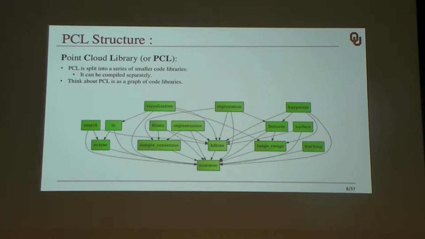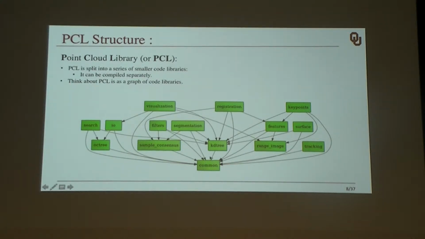So the structure of PCL. PCL is a huge library, but actually it consists of small libraries, so we call them modules. So it's an organized library. You can just combine whatever you want. Here, for example, we have the main module called common.